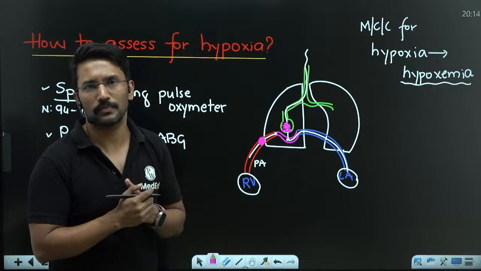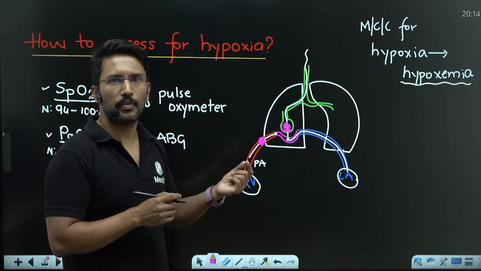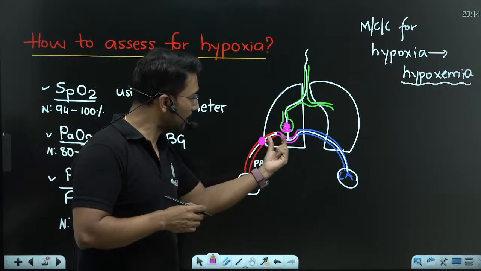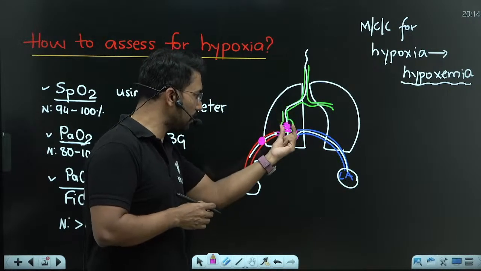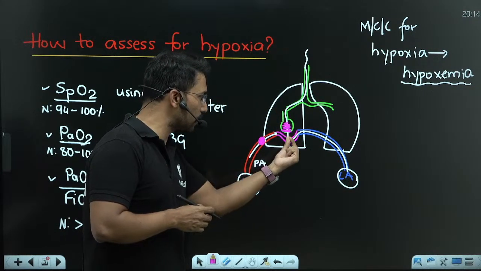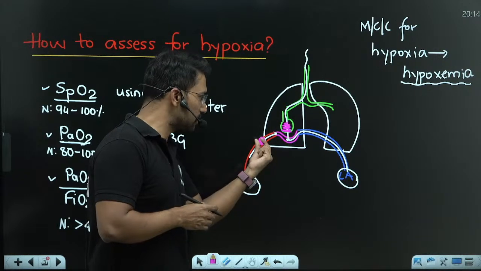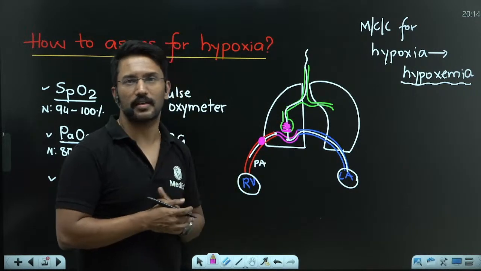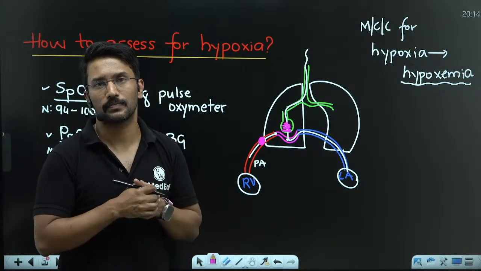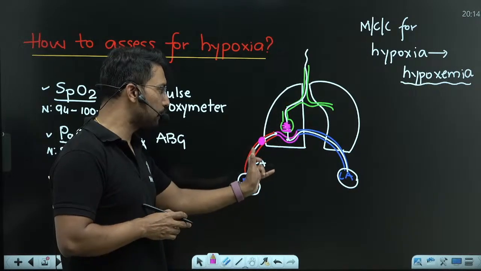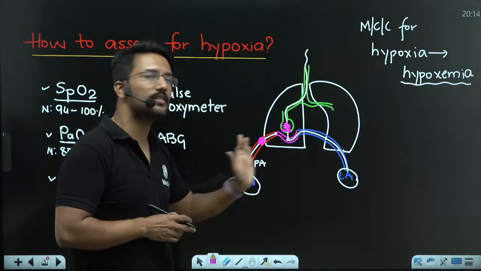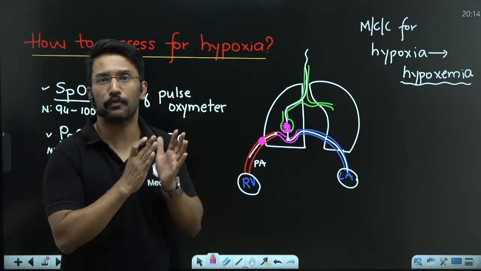Then what is the outcome? I will not be able to get a good amount of oxygenated blood out, because oxygen comes to these alveoli, but blood does not come, right? So this blood is not getting oxygenated. What do we call it? Alveolar ventilation is normal, but perfusion of these alveoli is reduced. We call it ventilation perfusion mismatch.